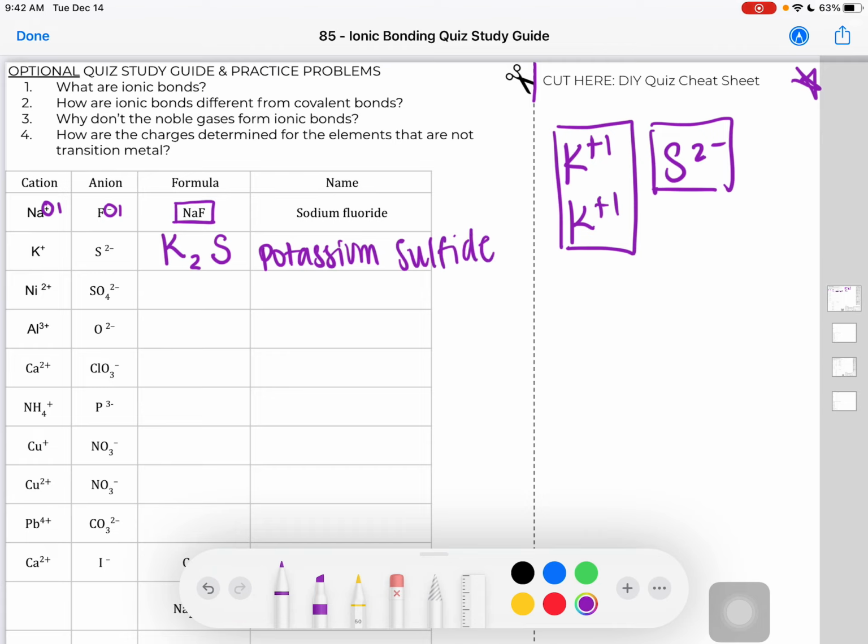Remember, if it's an ionic bond, you change the ending. Instead of sulfur, change the end and make it sulfide. Okay, that was one of our examples. Let's do a slightly harder one or two of them. Let's do these two. Pause this video and try these two on your own first, and then we'll go over it together.